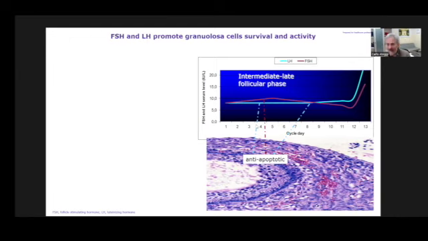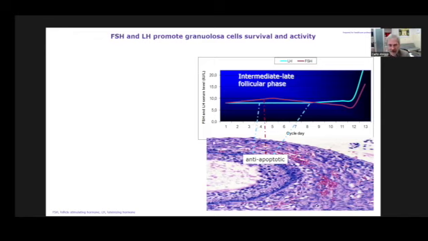But if there is deficiency in the LH activity in this granulosa compartment, giving LH in the middle of stimulation supports the FSH activity better. And this association of FSH and LH in granulosa cells is very important for oocyte quality, not only for quantity.